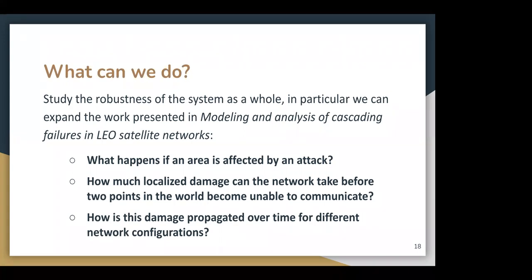And also, we could try to see how the damage propagates over time, but not in this instantaneous way, rather over time as the topology changes. In that regard, I do need help and opinions from you, because I have to say that I'm not that familiar with whether the networks we're working with here are high or low speed, or how the load propagation works relative to the speed of the changes in the topology.